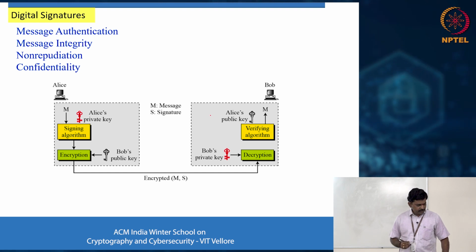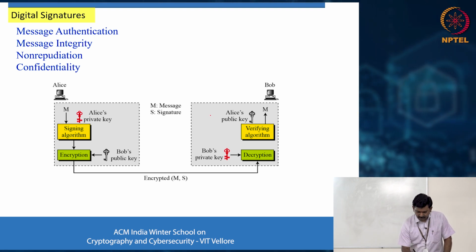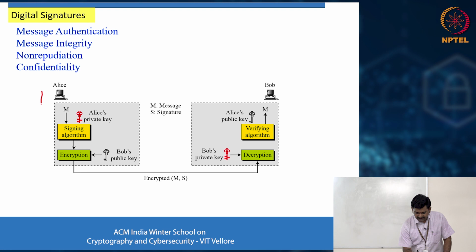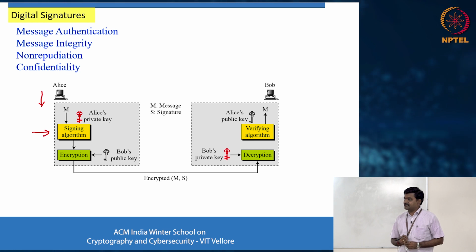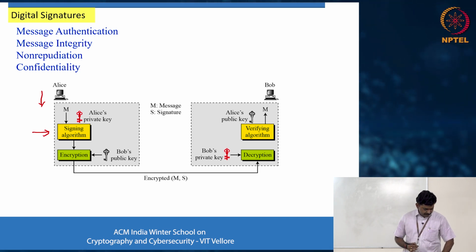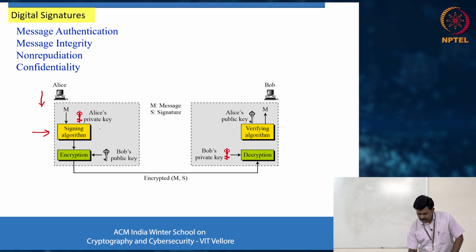Now, if you notice how the signature happens, you see here, Alice is creating a message. How is Alice signing? There is a signature generation algorithm using which Alice signs the message.